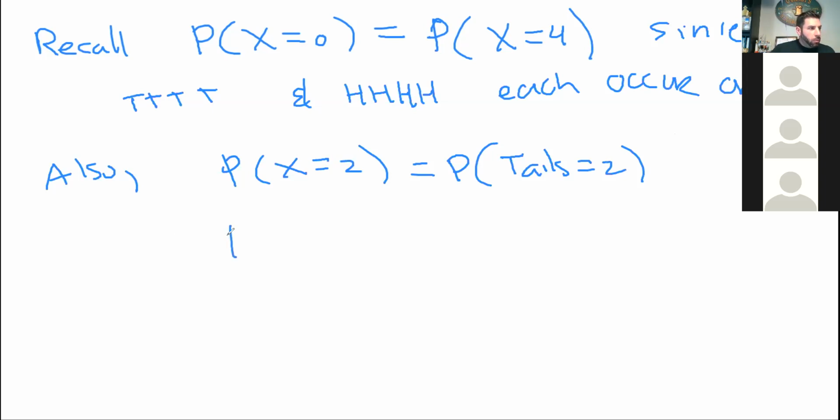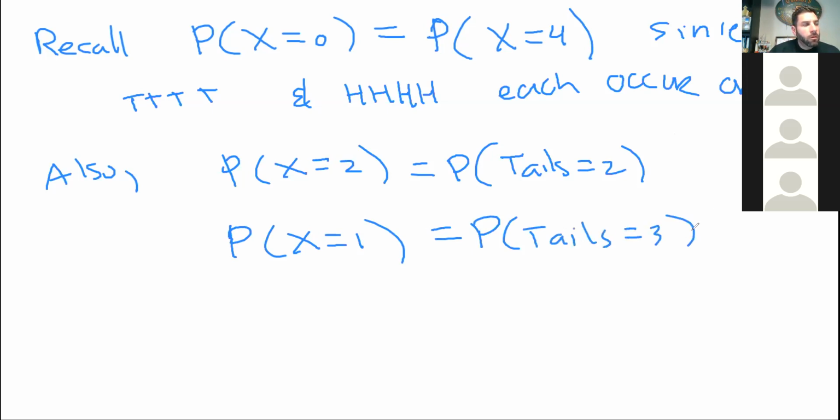So for example, what is the probability of X being equal to 1? Well, getting 1 head is the same as getting 3 tails. But notice, getting 3 tails, since heads and tails are equally likely, this is the same as the probability of X equals 2.